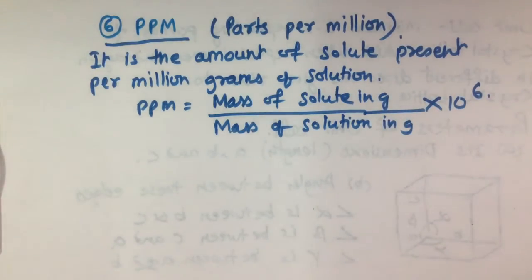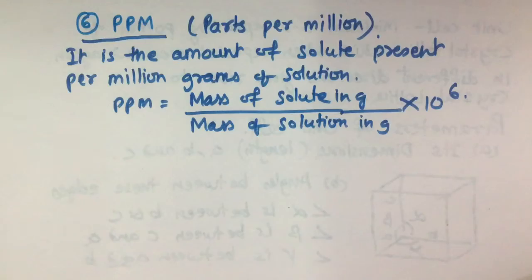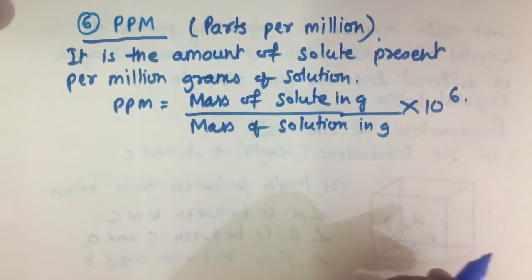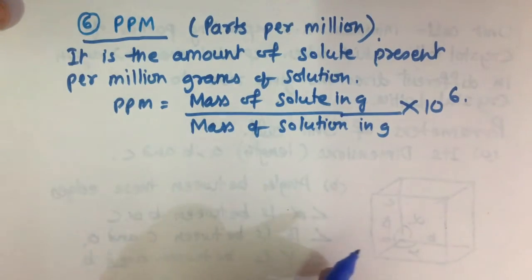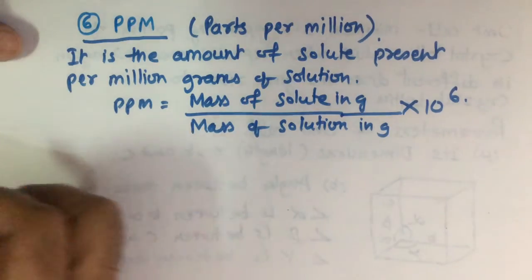Now ppm is used to express where the amount of solute is in a very small amount.